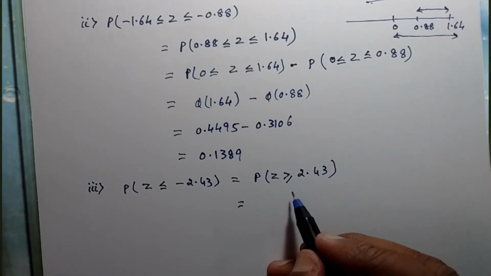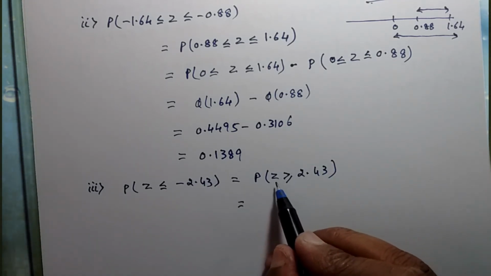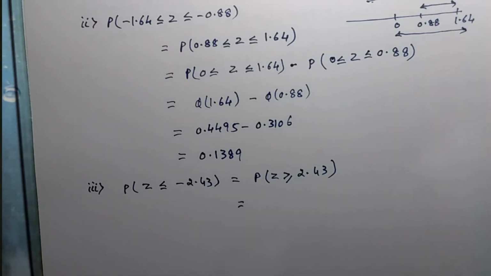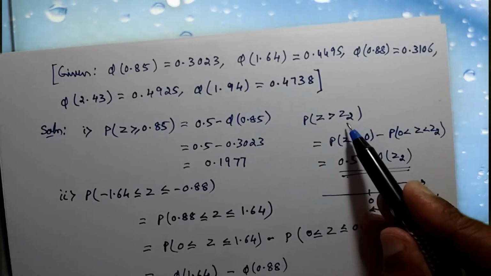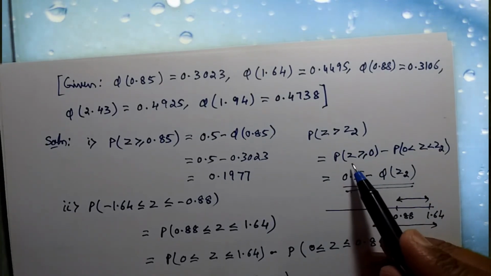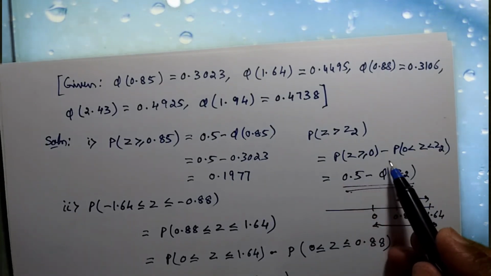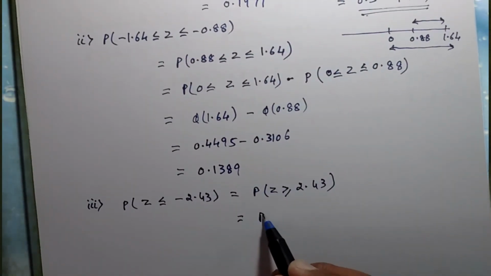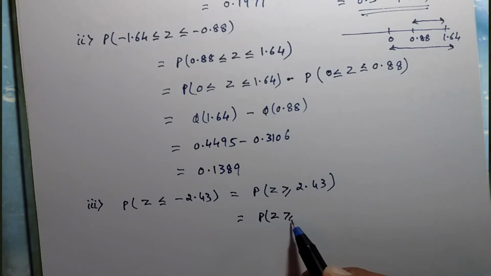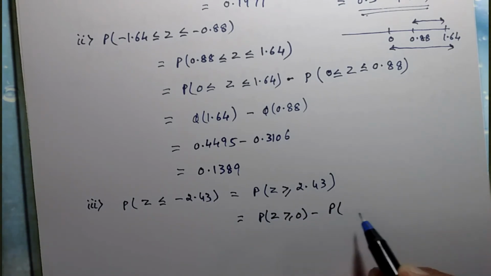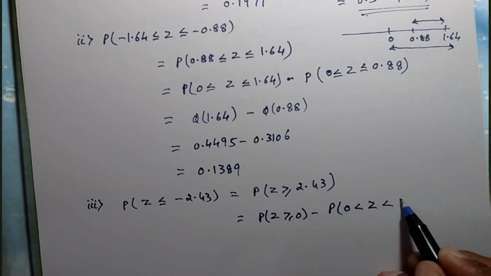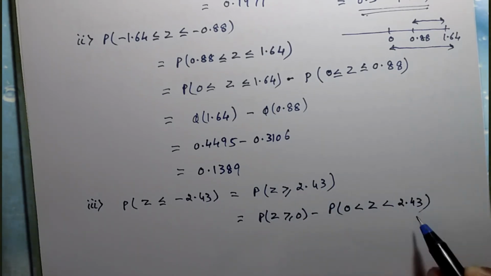Similar to result number 1, z is greater than z2, so probability of z greater than or equal to 0 minus probability 0 to z2. The same thing you can write over here: probability when the value of z is greater than or equal to 0 minus probability when the value of z lies between 0 to z2. The z2 value is 2.43.